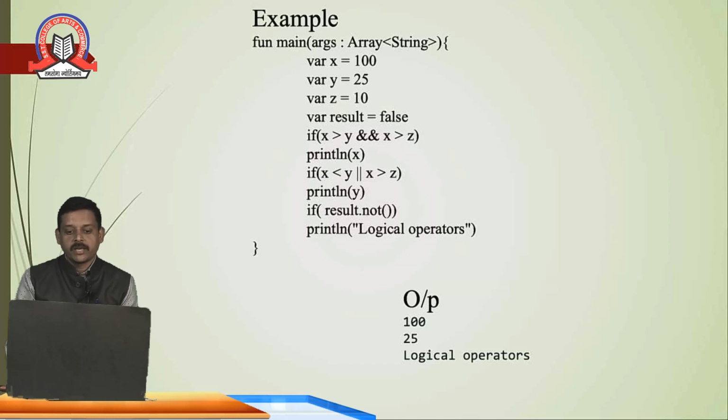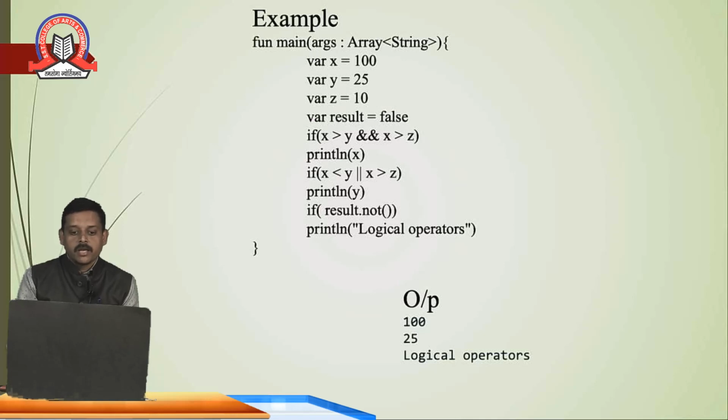So let's see one example. We have created three variables: X having value 100, Y having value 25, and Z having value 10. We have also created one variable, result, which contains the value false.